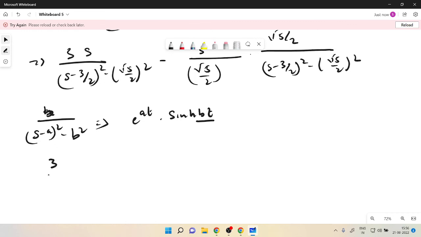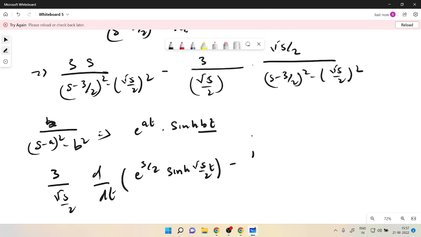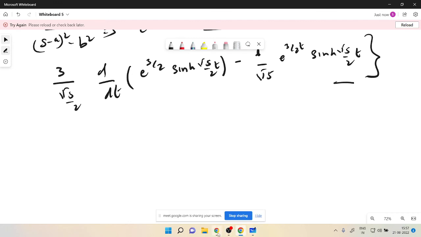So this is 3 by root 5 by 2 times d by dt of e power 3 by 2 t sinh root 5 by 2 t, minus 6 by root 5 times e power 3 by 2 t times sinh root 5 by 2 t. So this is x of t. Please compute the other term accordingly.